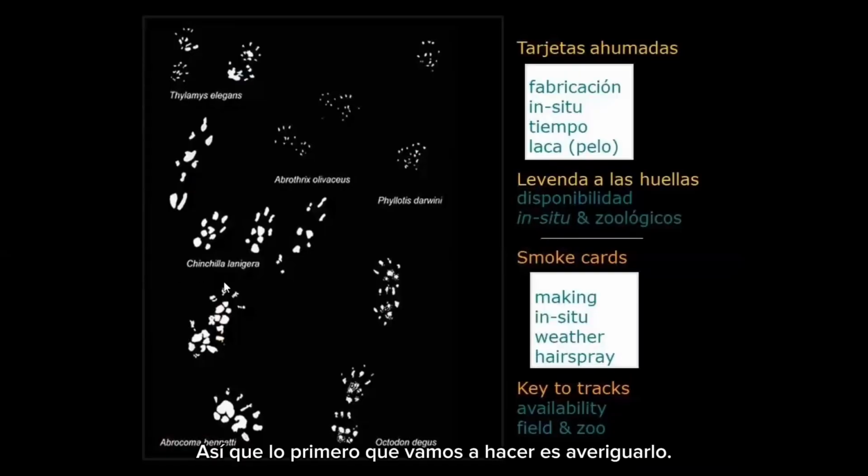So the first thing we're going to do is find out who's at each of those spots. Who's living at A1, A2, A3, and who else is living there. The only way we can do this with chinchillas, because we couldn't live trap, we didn't have permission, is we made something called smoke cards.